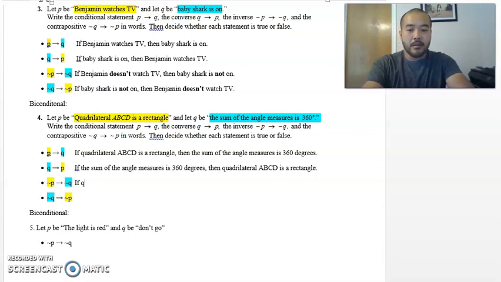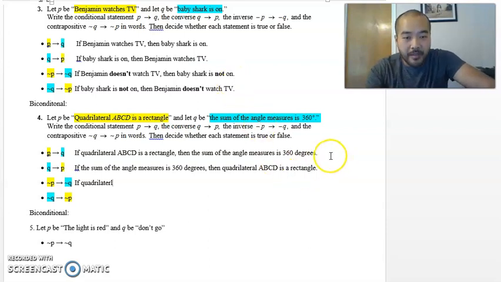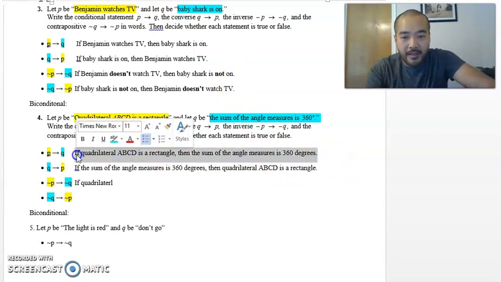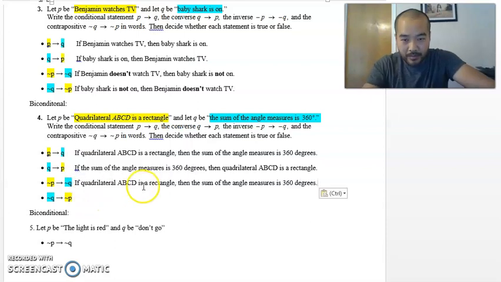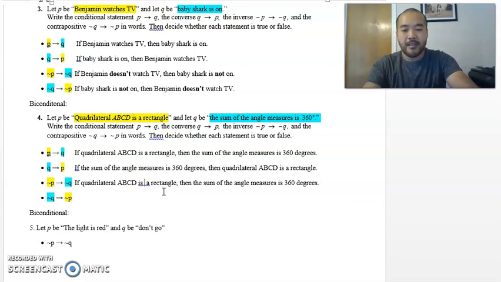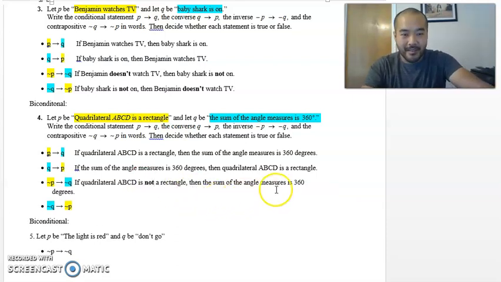If quadrilateral, you know what I'm going to do? I'm going to copy this. If quadrilateral ABCD is not a rectangle, then the sum of the angle measures is not 360 degrees.